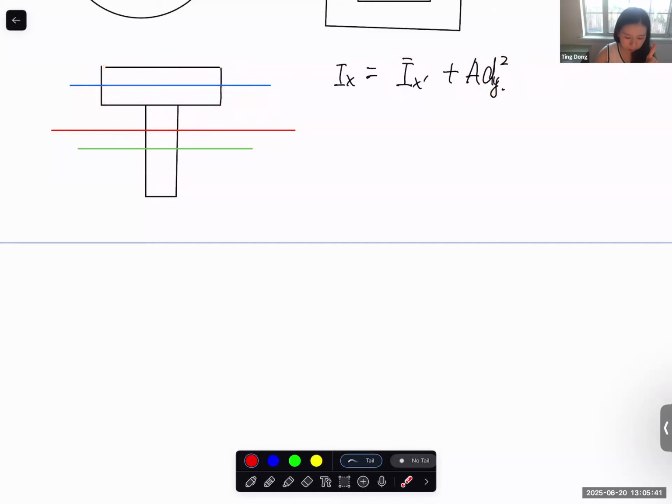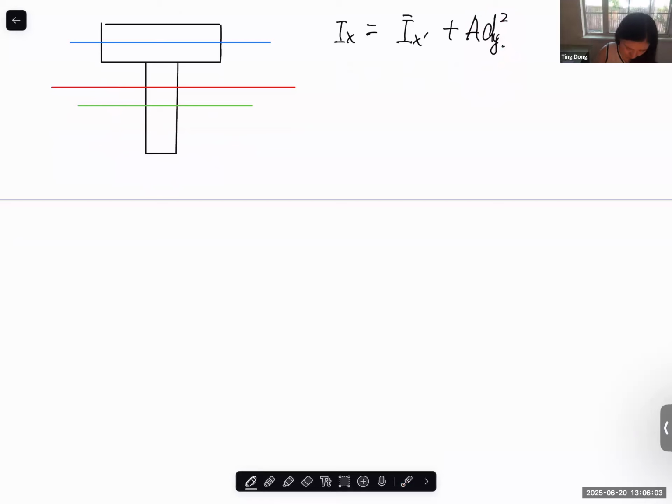For the vertical rectangular cross section, of course, the A is still the cross section area for this section, and d becomes the distance between its own neutral surface and the neutral surface of the entire cross section. Now this becomes the d for calculating Ad squared. So since you guys were asking last class, let's write down the definition.